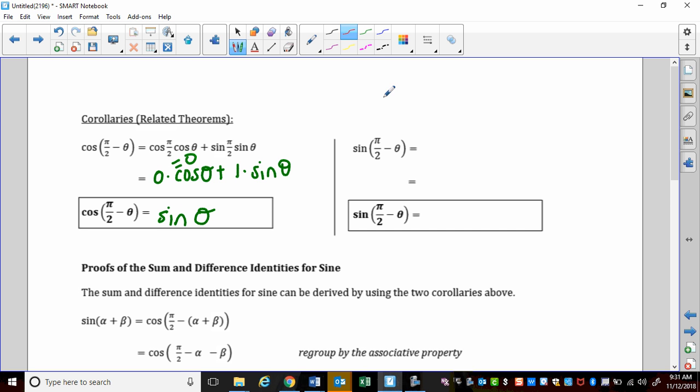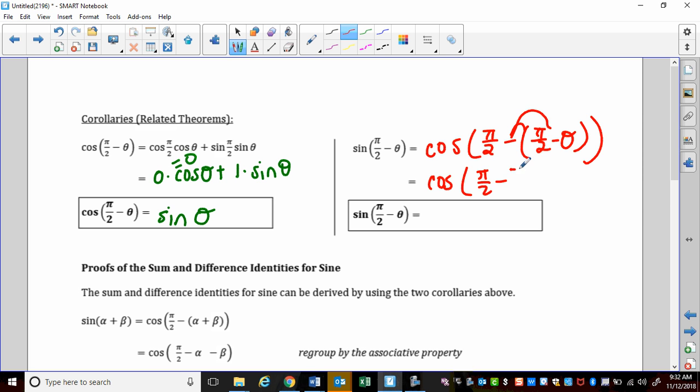Also, for the sine formula, we know that sine is cosine shifted over pi over 2. So it's cosine at pi over 2 minus whatever this is, which is parentheses pi over 2 minus theta. And I know that this is cosine of pi over 2. I'm going to distribute this negative, okay? So pi over 2 minus pi over 2 plus theta.